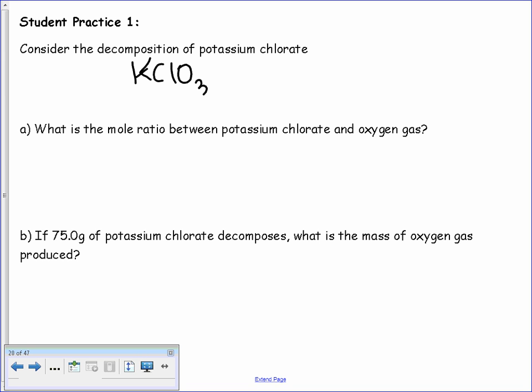Carbonates break down to carbon dioxide. Chlorates break down to oxygen, because we don't want to make chlorine because then we die. So this is going to break down to oxygen and potassium chloride. All right, cool. We got that one. Yay, that's the gummy bear experiment right there.